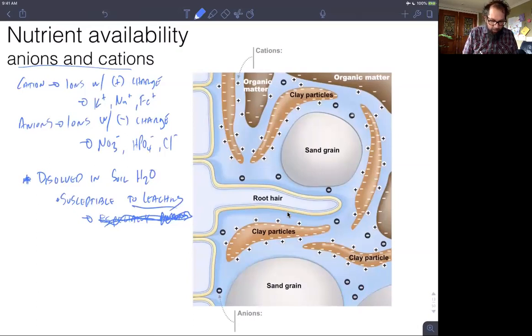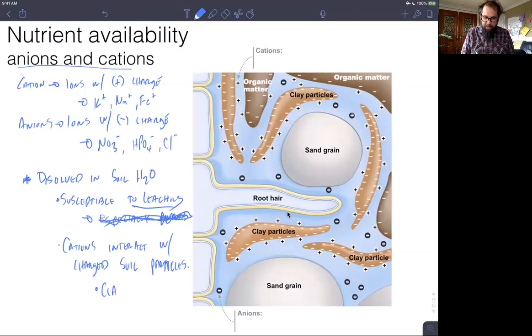And then the cations especially will interact with charged soil particles. Here we can see that clay particles are positively charged, and we see all those positive charges on these clay particles. Sorry, I'm screwing this up.